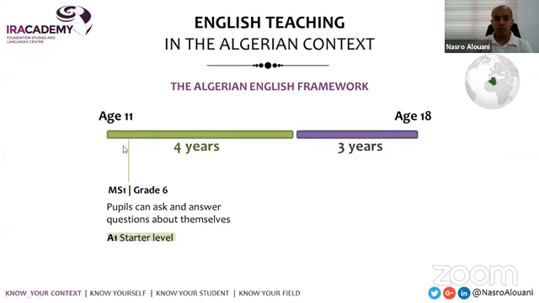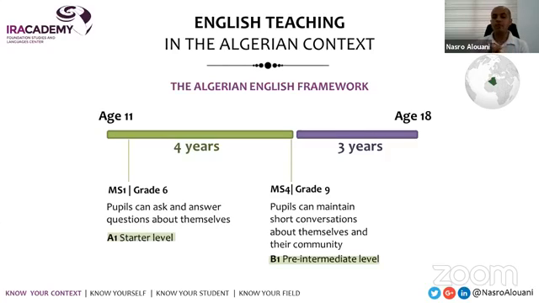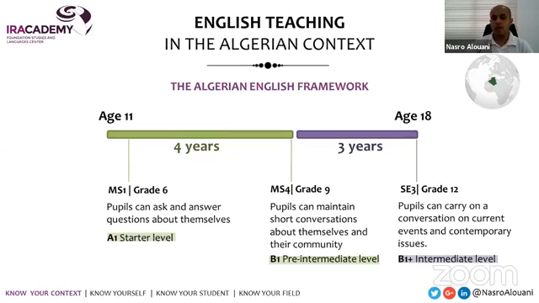So in the first year of middle school, pupils can ask and answer questions about themselves. This is the global objective at the end of the year, and the level they should reach is equivalent to the European framework A1, starter level. By the end of middle school, grade 9 or middle school 4, pupils can maintain short conversations about themselves and their community, equivalent to pre-intermediate level.